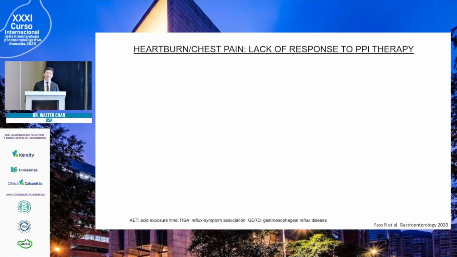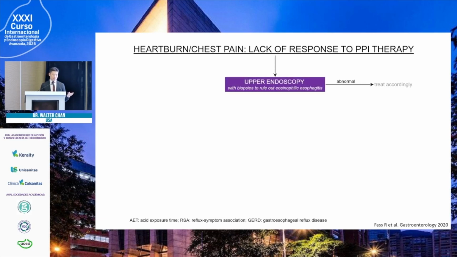So with that, we can think about how we can employ these tests to help us distinguish patients with functional heartburn or functional disorders from abnormal GERD. So if you have a patient with heartburn or chest pain and they do not respond to PPI, the first test you can do is an upper endoscopy, to rule out any abnormality on biopsies or any organic lesions. If there's an abnormality, you treat that.